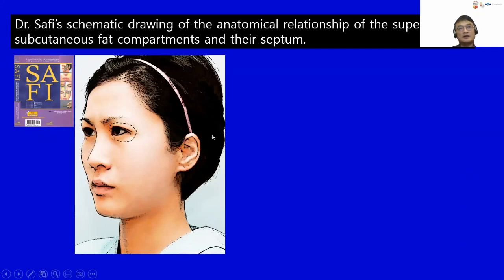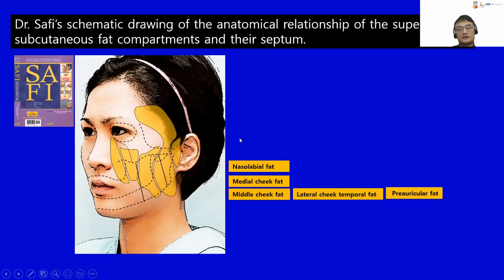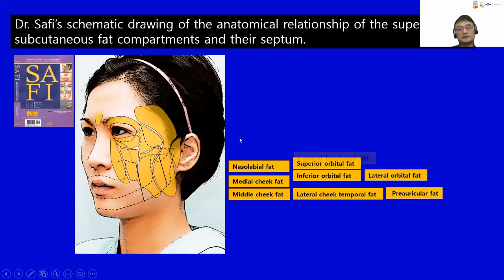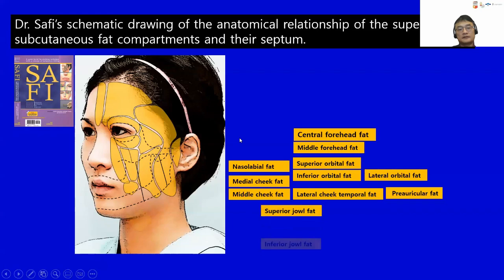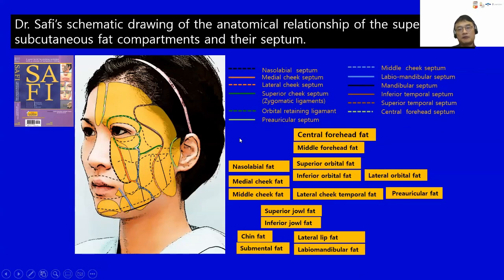Let's look at the location of each fat compartment. Then you can understand the location of each superficial fat compartment. This superficial fat compartment is divided by this septum.